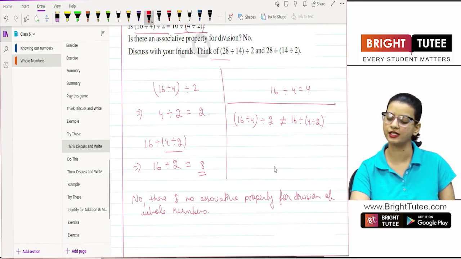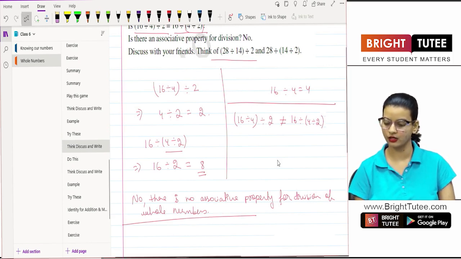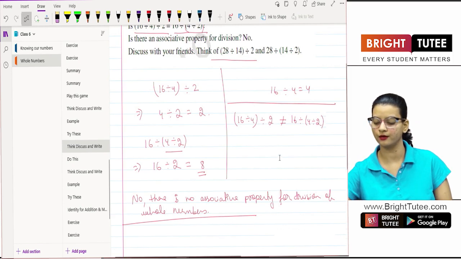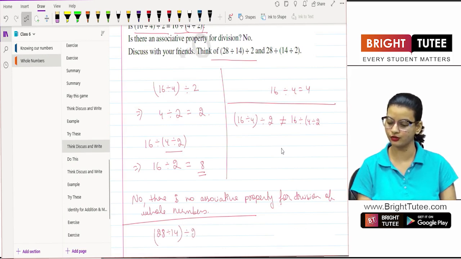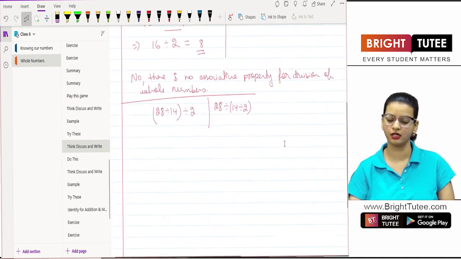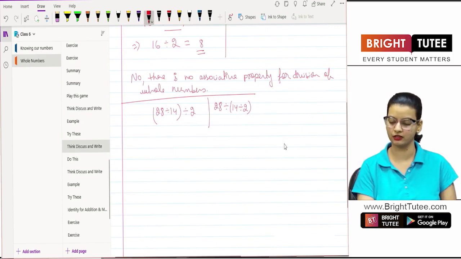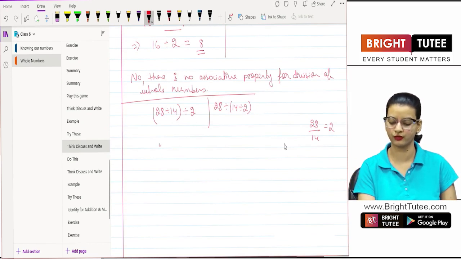Now think of (28 ÷ 14) ÷ 2. Okay, so let's try this out. 28 ÷ 14 is 2, so we have 2 ÷ 2, which equals 1.